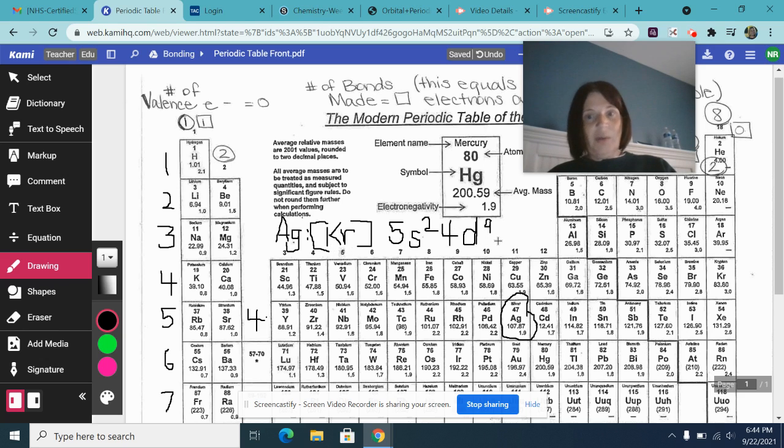How do you know that you're right, or at least that you have a logical shorthand electron configuration? You might remember that I told you that you could check whether you have a right answer, or at least a logical one, by using these little numbers that look like exponents but aren't. They're just telling you how many electrons you have in a particular sublevel or orbital.